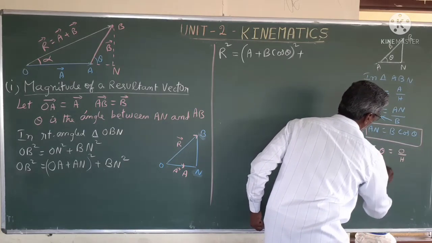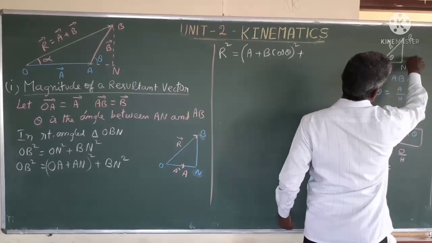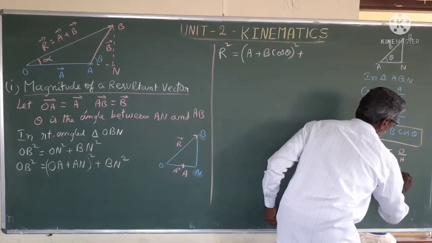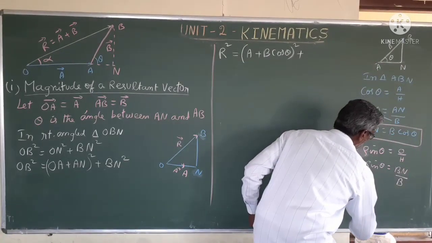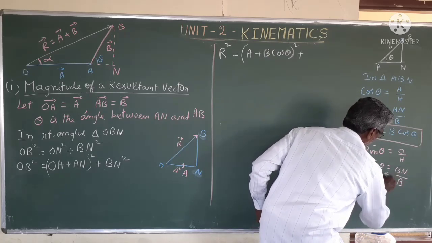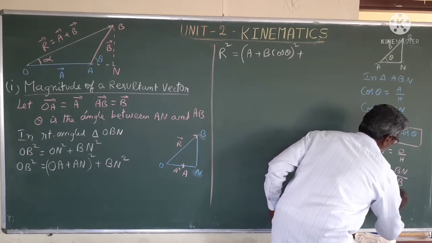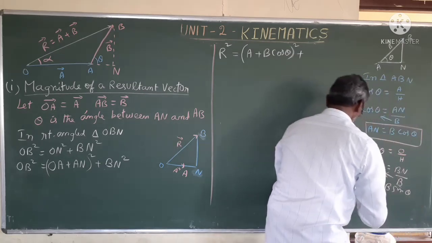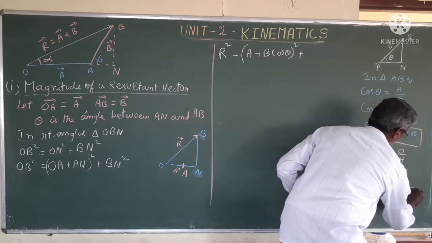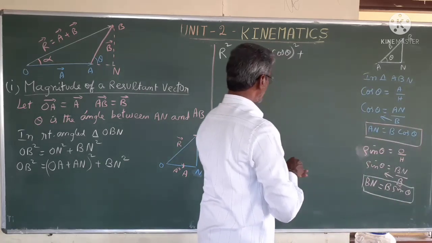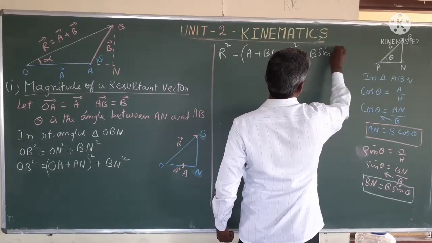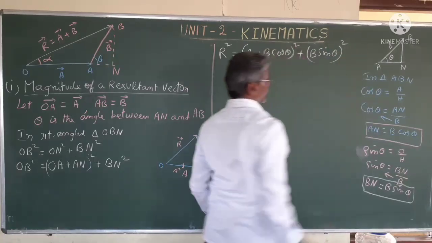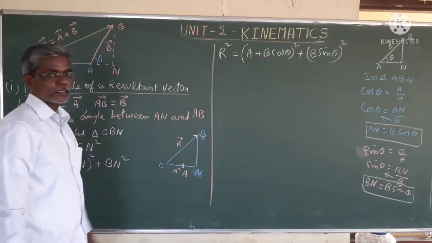What is opposite? BN. By hypotenuse is B. So BN is equal to B sin theta. So I can write B sin theta whole square. I think it is clear.